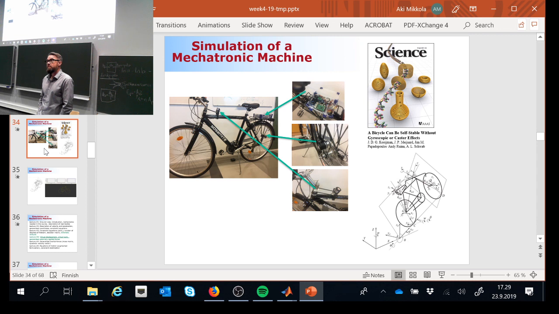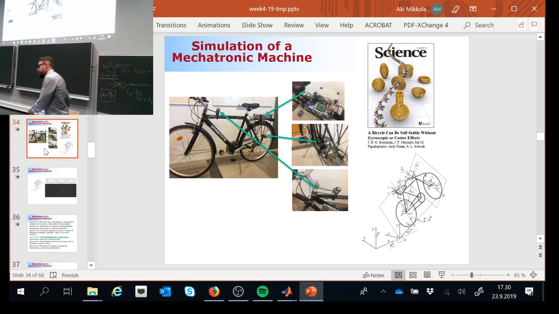There are stories about the gyroscopic forces that make it stable. And then there are stories about the steering kinematics that make it stable. And then this and that makes the bicycle stable. But the bicycle is a kind of machine that is self-stable.